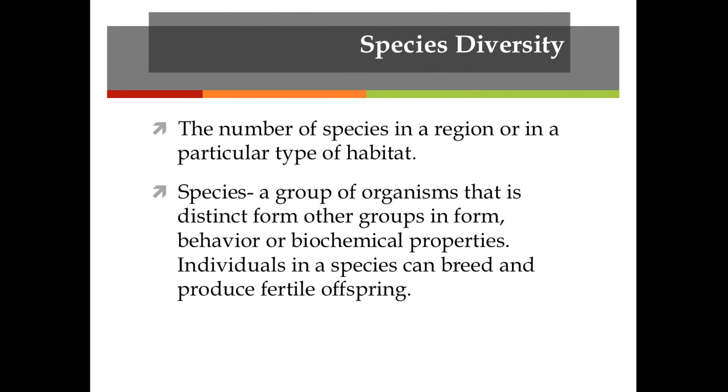The next one is species diversity, which indicates the number of species in a region or a particular place or type of habitat. Scientists have observed that ecosystems with more species, or higher species diversity, are more productive and resilient and able to recover from turbulence.